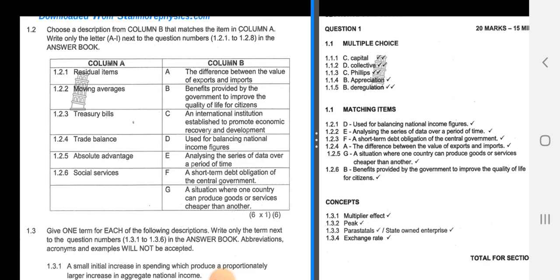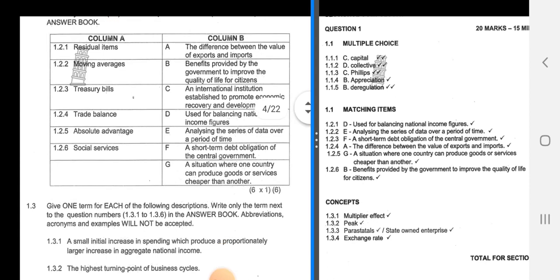So you see, that's why you'll be able to say a situation where the country can produce goods or services cheaper than the other, so it's an advantage. And then for social service, we go for B, a benefit provided by the government to improve the quality of life of citizens. That is social service. So you think about it before you choose an answer.